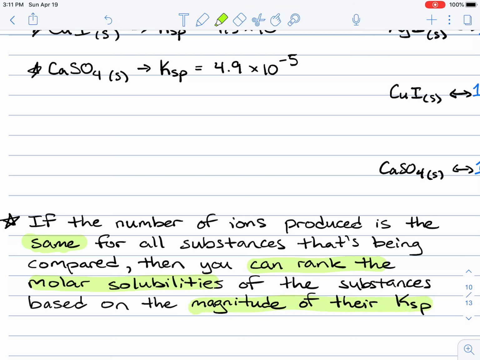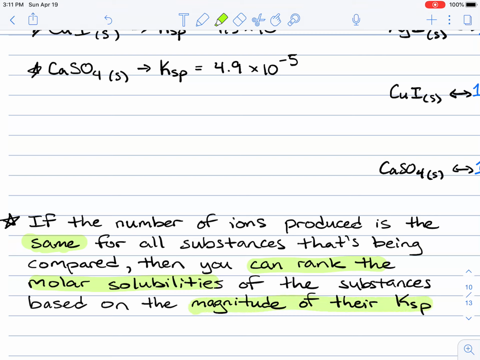I'm going to predict that it has the highest molar solubility, just because its KSP magnitude is times 10 to the negative 5, which is larger than the other KSP values.